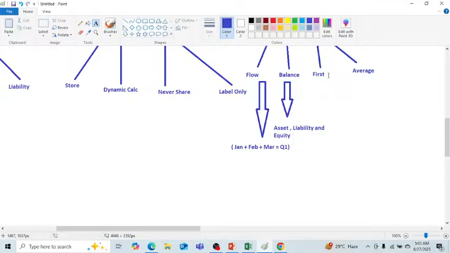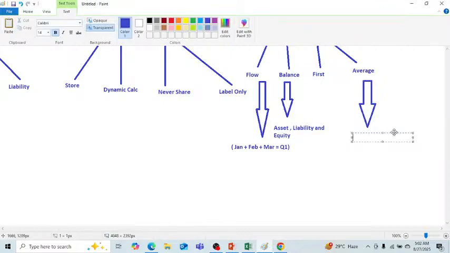So we are taking the last month's cash balance, and for first the parent's value is the same as the first child period, and for average the parent's value is the average of the child members. So I can mention it here, that the parent's value is the average of the child periods.